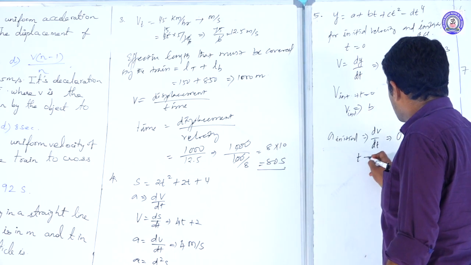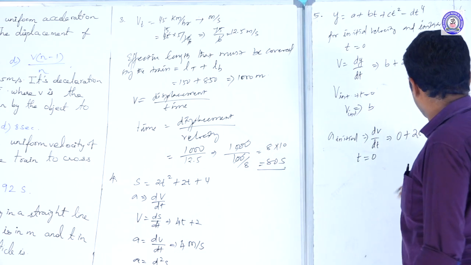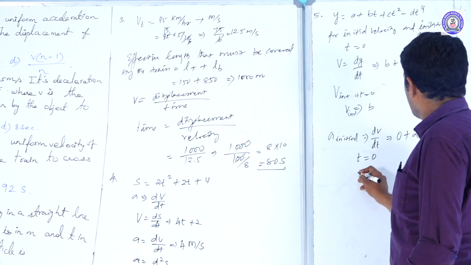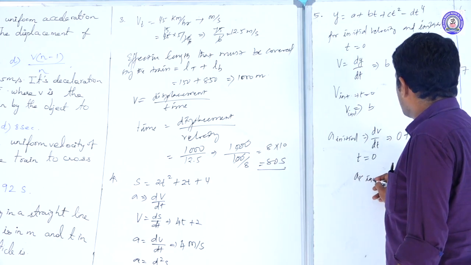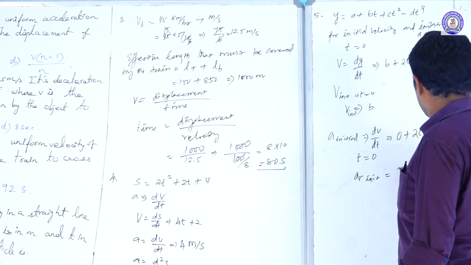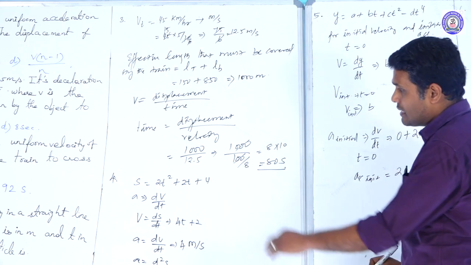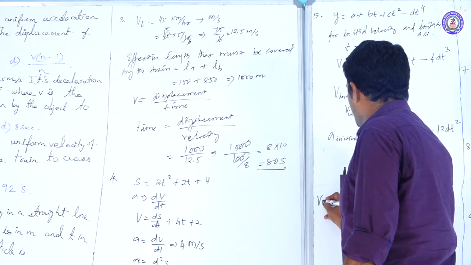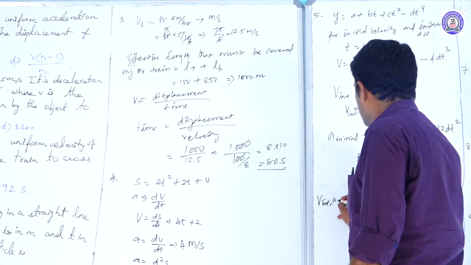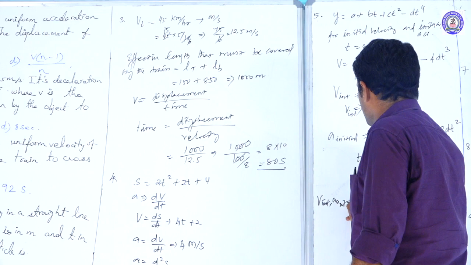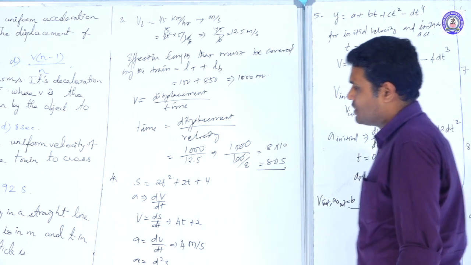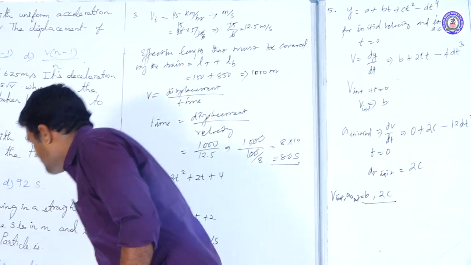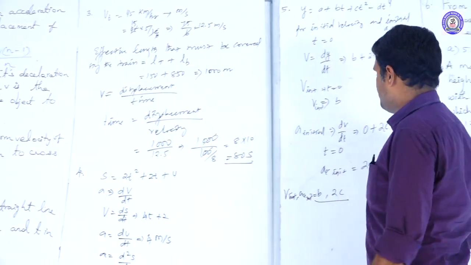For initial acceleration, time t equals 0 once again. If you substitute t equals 0, then the initial acceleration will be equal to 2c. So the initial velocity is b and the initial acceleration is 2c. So b comma 2c. Third option.